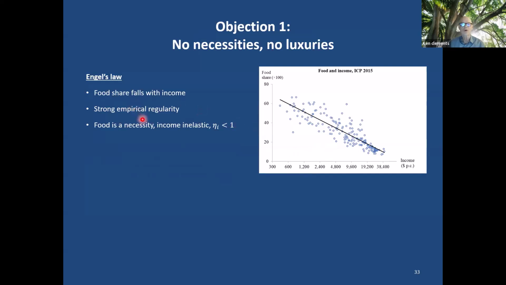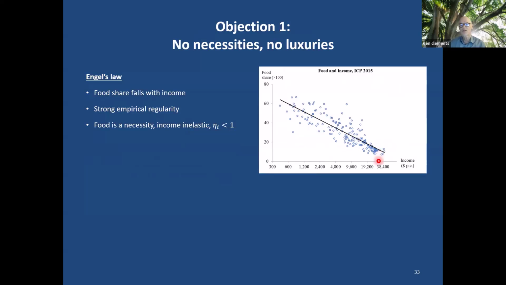Engel's law is one of the strongest empirical regularities in economics, which states that the food budget share falls with income. Here's some evidence from the ICP countries in 2017. Some of these poor countries up here spend more than half the budget on food.